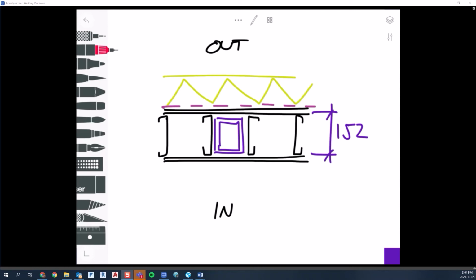I'm not an engineer, but 152 is the most common, and probably it's because with a lighter gauge 152 stud, you can get the adequate wind load resistance, basically. Whereas if you went to a 92 stud, maybe you got to go to a higher gauge. So 152 tends to be the stud of choice around here.